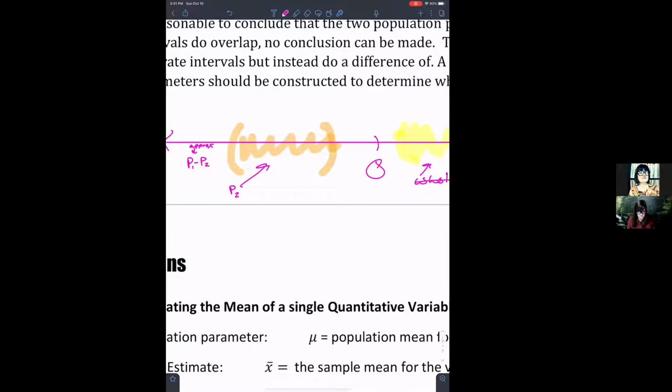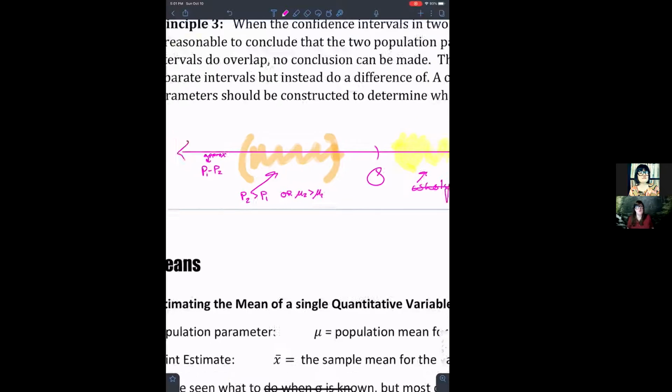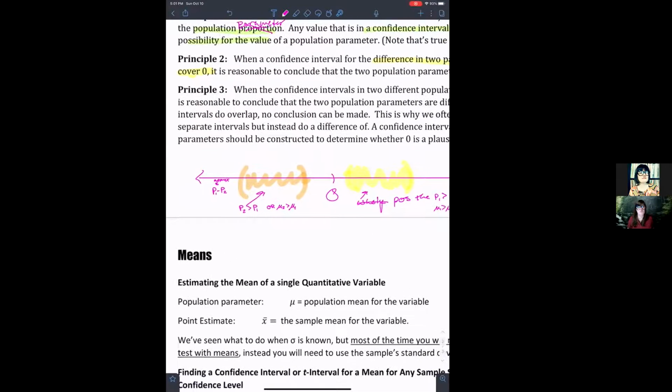So this is insinuating that P2 is bigger than P1, or that mu2 is bigger than mu1. That is, the second parameter is the larger of the 2.